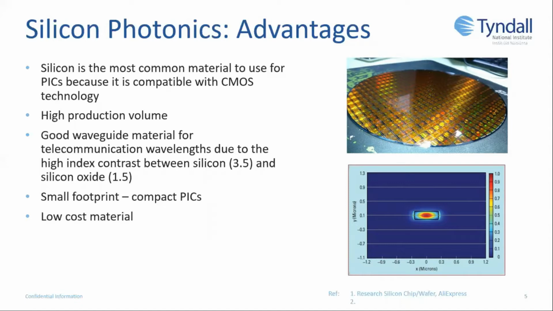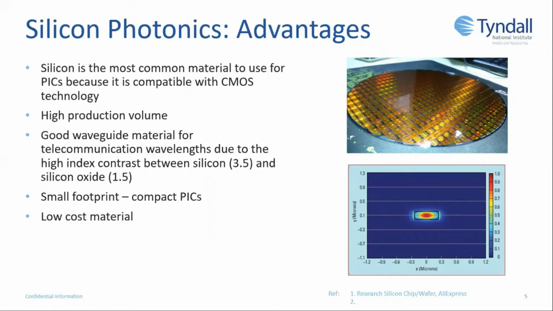Although you could also have a really high index contrast between silicon and air, for example, because air has a refractive index of 1. But because of this high index contrast, and you can see this over here, the light is tightly confined to the waveguide. So there's less and less of a chance that it's going to leak out.